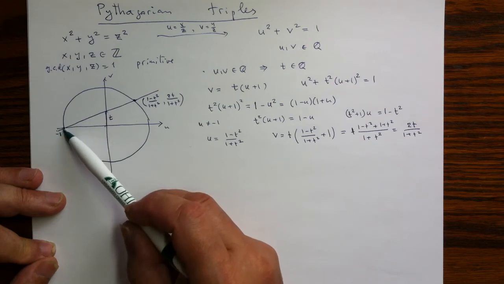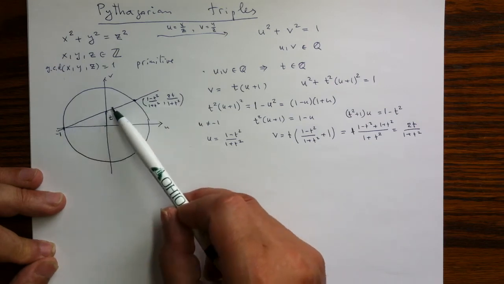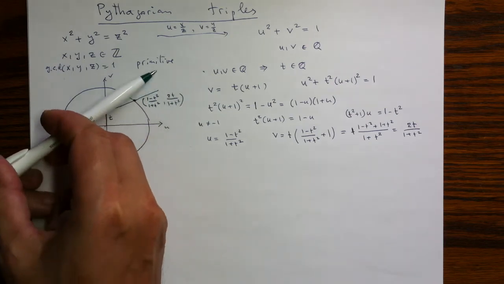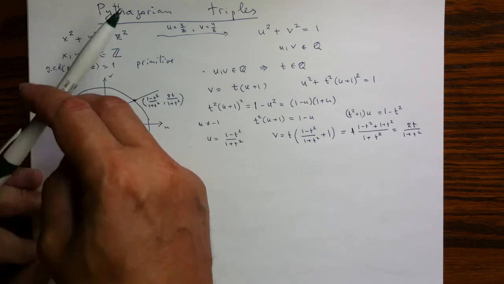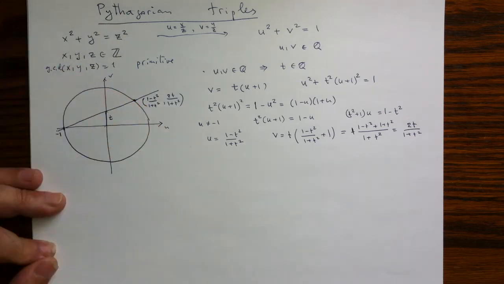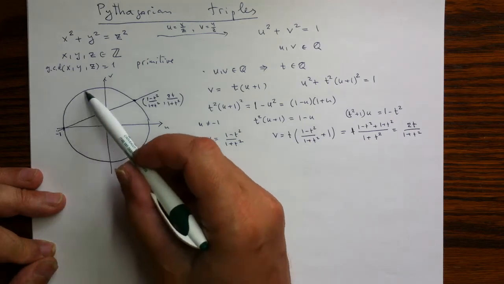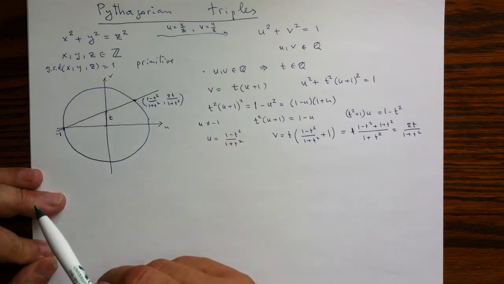So this point corresponds to the line which really goes up and up and up and then becomes vertical, or goes down, down, down and becomes vertical. So that is the point which is supposed to be assigned to the t value plus or minus infinity. And the rest of t values will give us points on the circle.